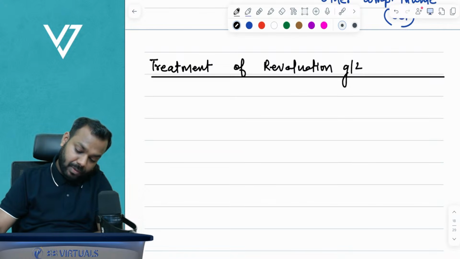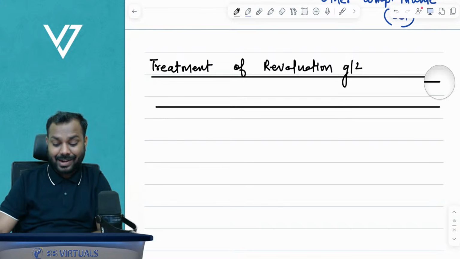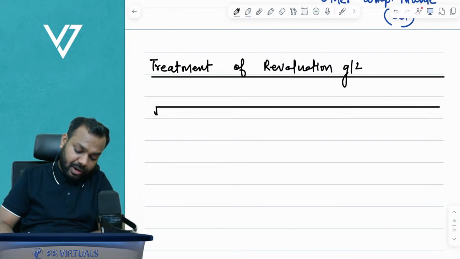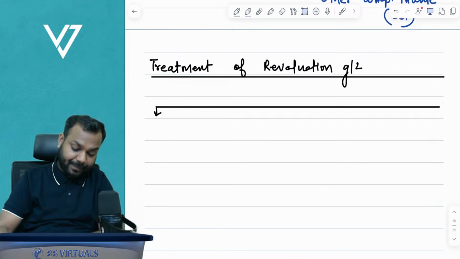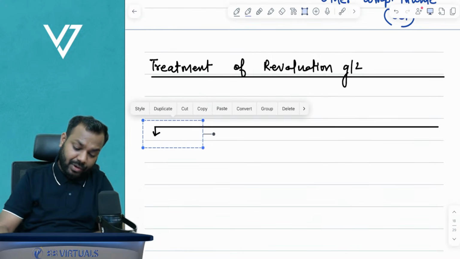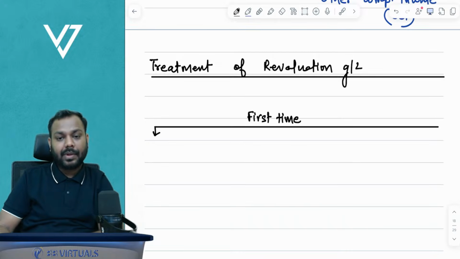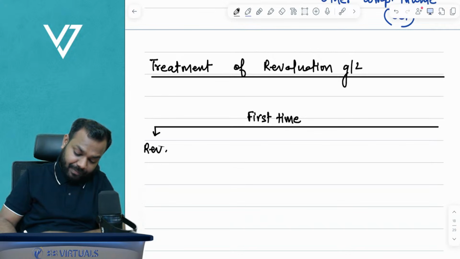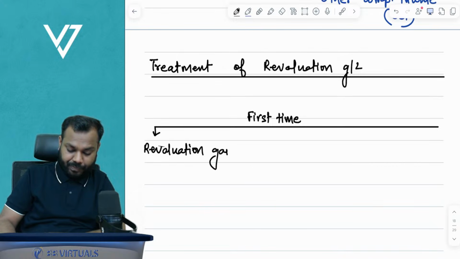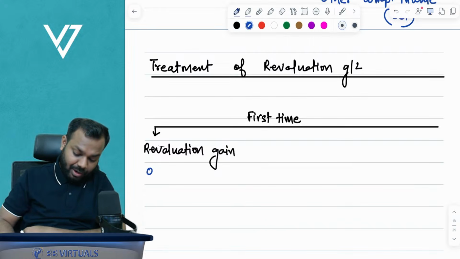Now, the standard says that if you revalue for the first time and you get a revaluation gain, you will record that in other comprehensive income.